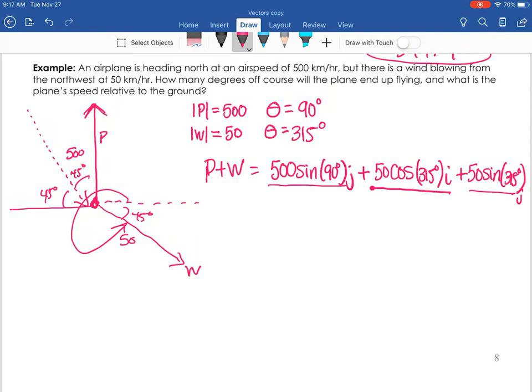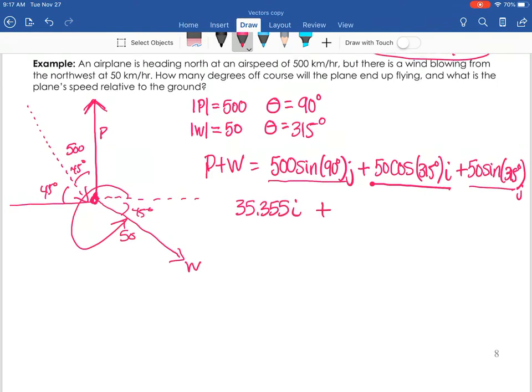When I put in for the I, when I put in 50 cosine 315, I get 35.355i if we round to 3 places. Plus, then when I put in my j, so in the calculator I'm going to put 500 sine 90 plus 50 sine 315.